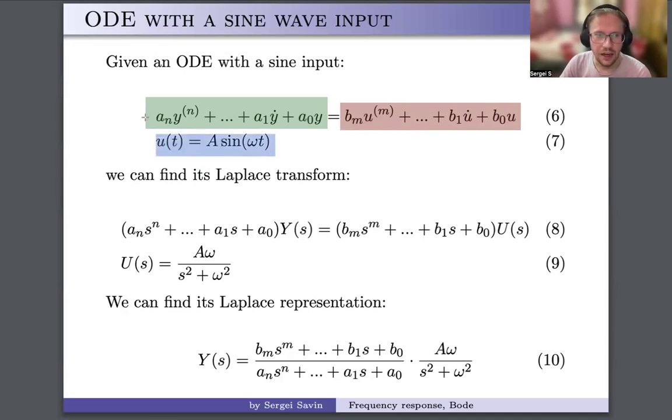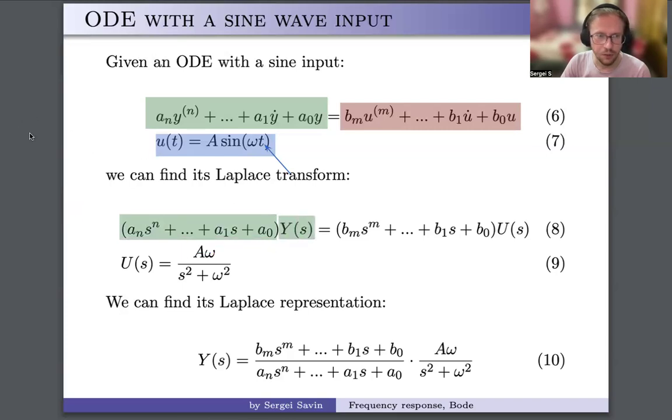In this case, I decided to give us a sine input. So notice it is not a generic harmonic signal, it is a sine. So I did not specify a phase. Could have been done, but I just decided not to. All right. So let us consider what's going to happen with the signal after we do the Laplace transform. So first of all, here what happens is quite clear.